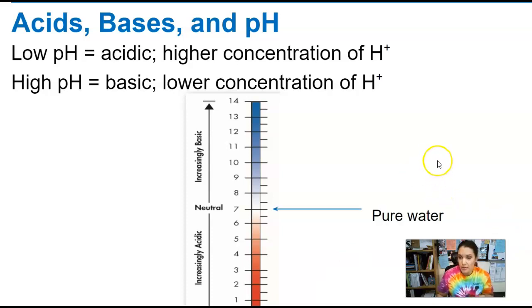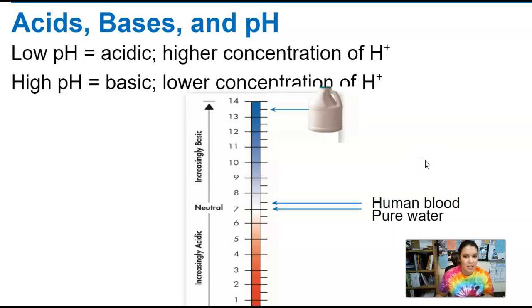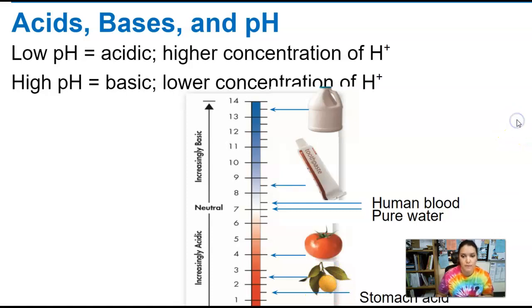So water is typically neutral. Human blood is a little bit basic. Okay, bleach, very basic, versus lemon juice, which would be very acidic, or stomach acid, or tomatoes.